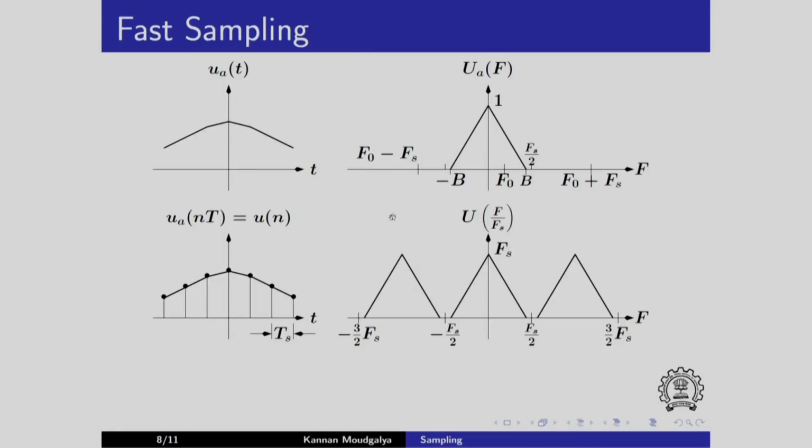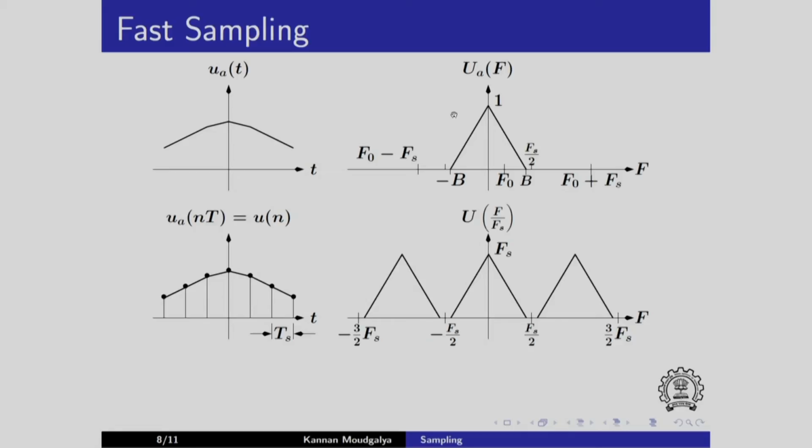Now we will see the two expressions, namely ua of f and u of f by fs. Recall that u of f by fs is obtained by summing this ua over infinite terms.